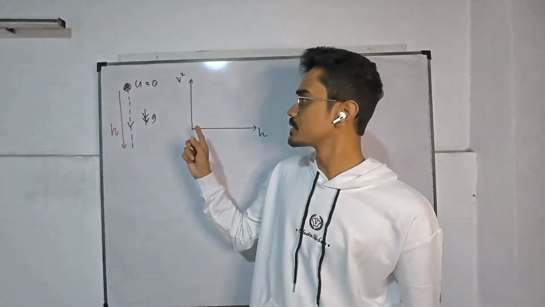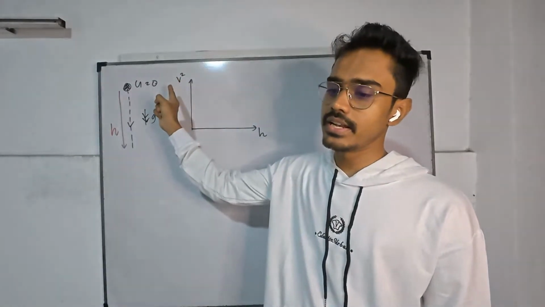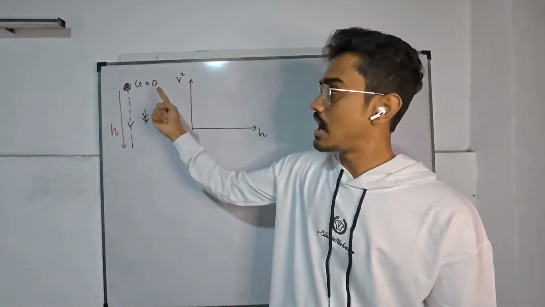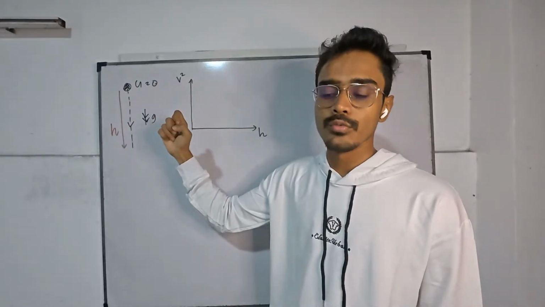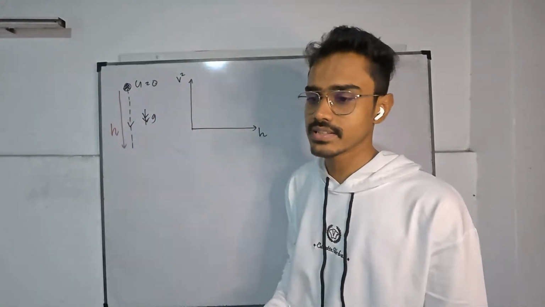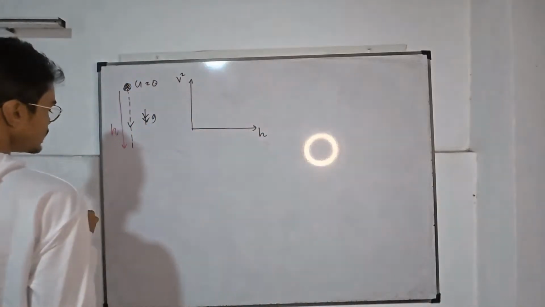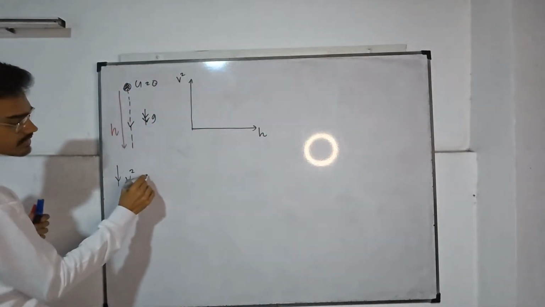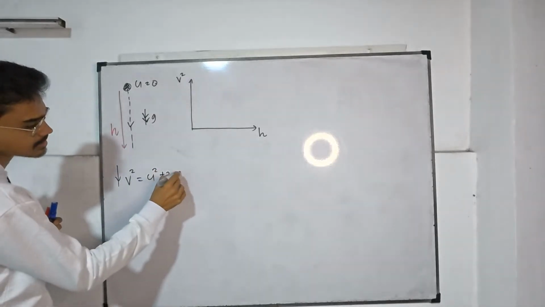Now also, since I need a relationship between final velocity and fallen height, I'm going to use an equation like v squared equals u squared plus 2as, considering this motion. I can apply v squared equals u squared plus 2as.